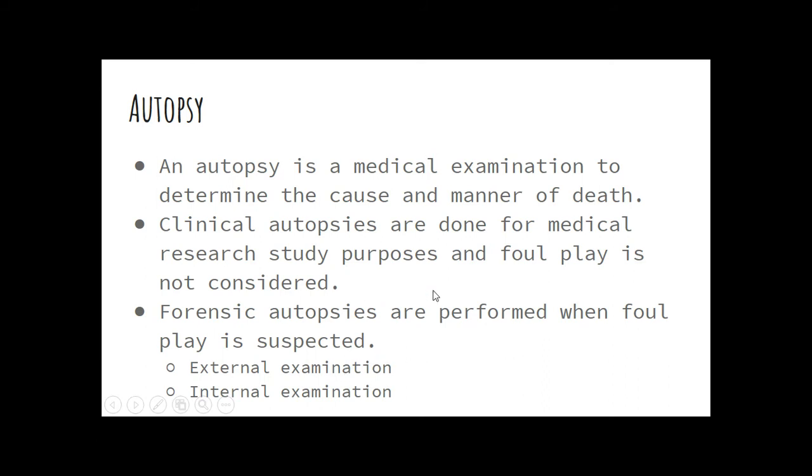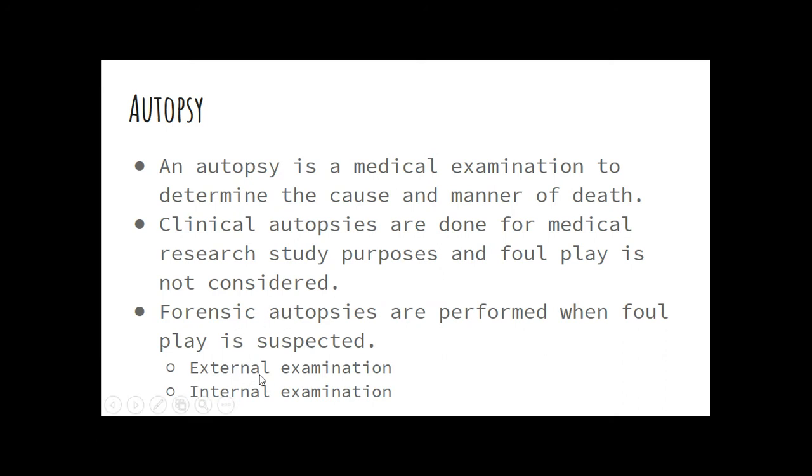If someone very young and without health conditions were to pass away, it would be between these two. They would be looking for, was there something suspicious or was there an underlying health condition that they didn't know about?